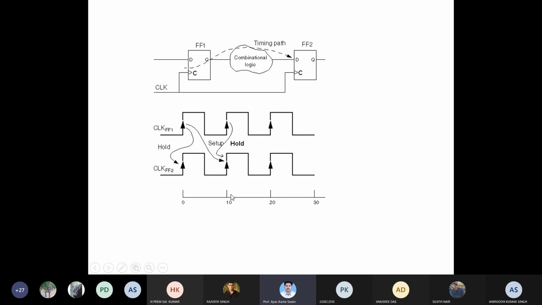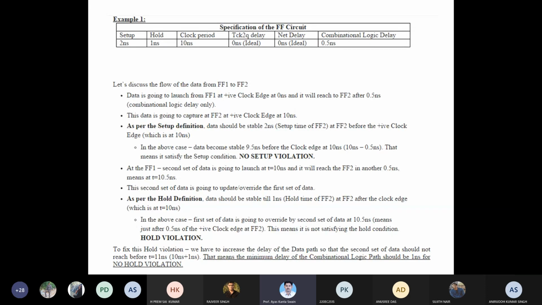So 10 plus 0.5 is 10.5 nanosecond. At 10.5 nanosecond, we have another set of data. But the first data which was launched at 0 nanosecond should be stable up to 11 nanosecond. So we should get this second data after 11 nanosecond, let's say 11.5 or so. Then only there will be no hold violation.